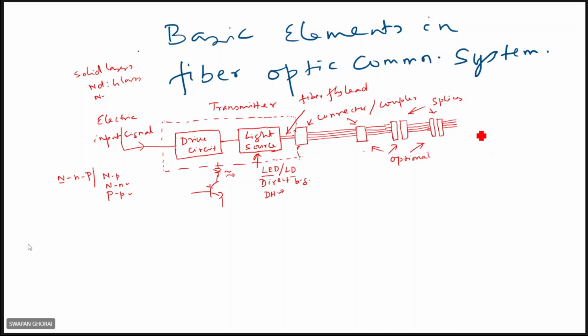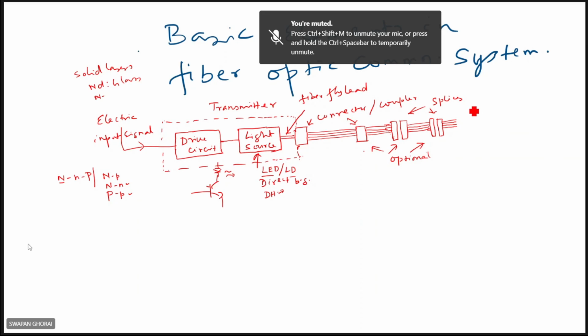And the difference between a splice and a connector is that a connector is a demountable device. You can connect or disconnect it as per your requirement in between the link or at the source end or the receiver end. But the splice is another type of connecting system that is used to join two fibers together. The fiber can be single mode or multi-mode, step index or graded index. But when you use a splice, it indicates a permanent connection.